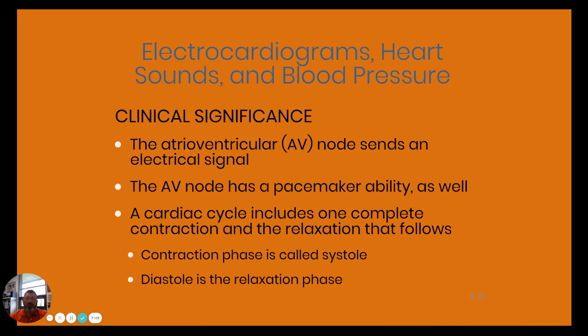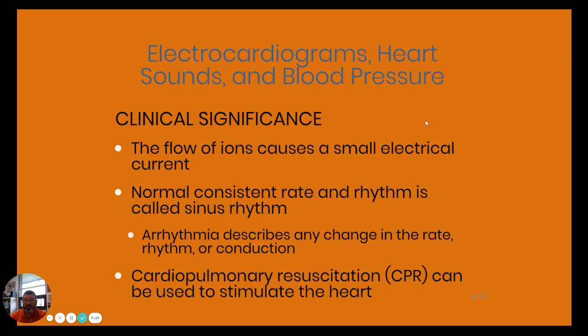When we look at electrocardiograms, heart sounds, and blood pressure, it's important from a clinical significance perspective that the atrioventricular, the AV node, sends the electrical signal to trigger that pacemaker ability to keep the heart pumping on cycle. So a cardiac cycle is one complete contraction and relaxation, the systolic and the diastolic phases when you're checking blood pressure.